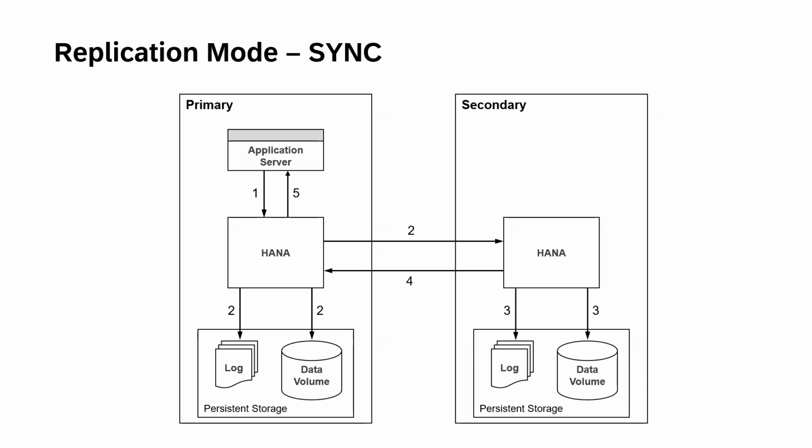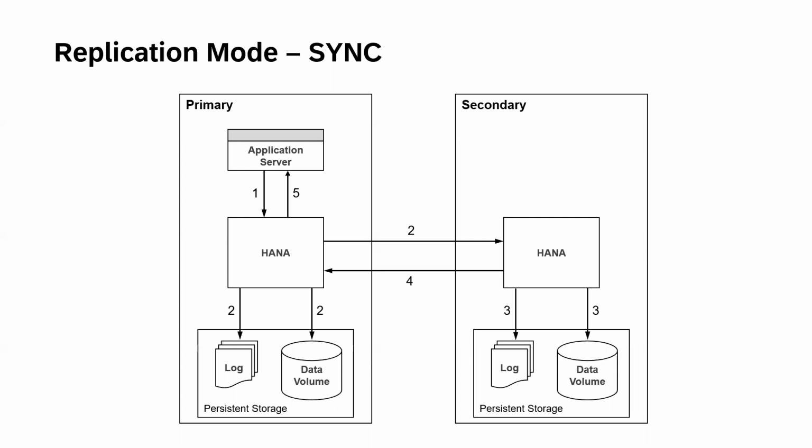If you're doing something, for example, if you created a PO and you have saved it, when you click on the save button on your SAP GUI, that data is sent to the HANA instance of the primary. The primary saves it to its own data volume and log segments, and sends it to the secondary.